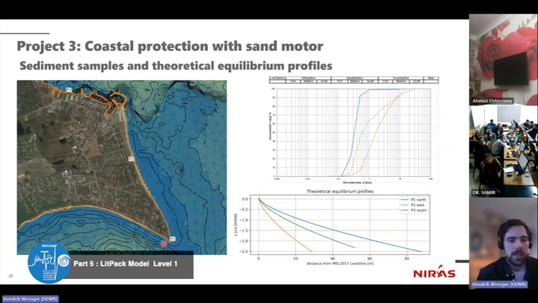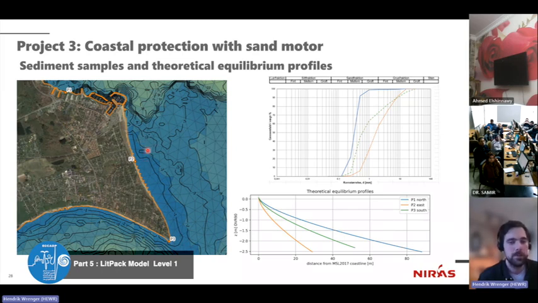So at the site visit, then also it's a preliminary design. That's important to say. It's a high level assessment of the different solutions. As part of the site visit, we also took some sediment samples. For a detailed design, you would have more elaborate sediment samples, and a local bathymetry would certainly be part of it.